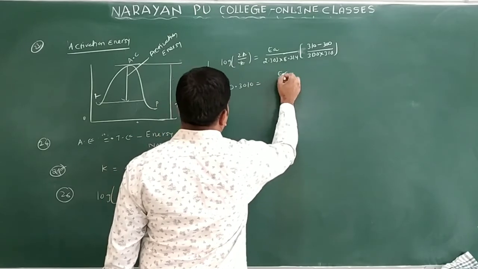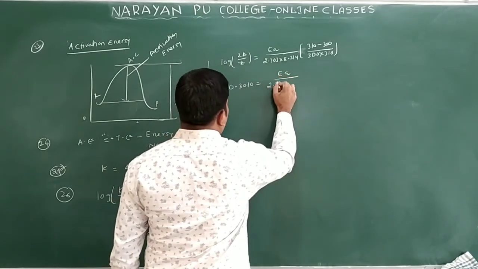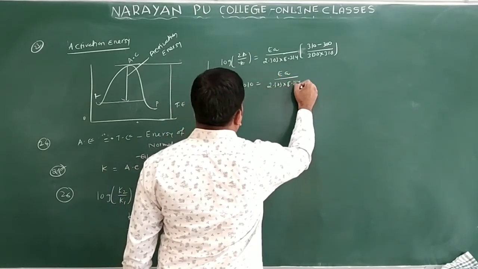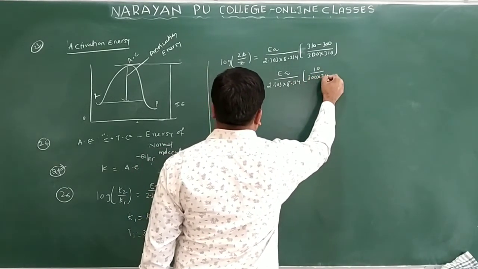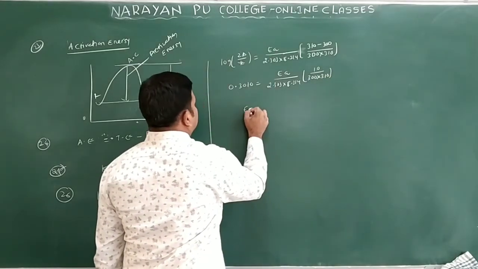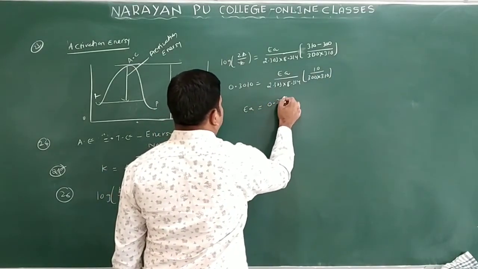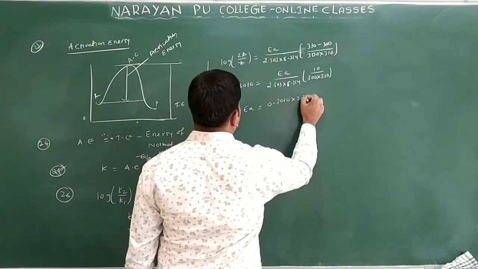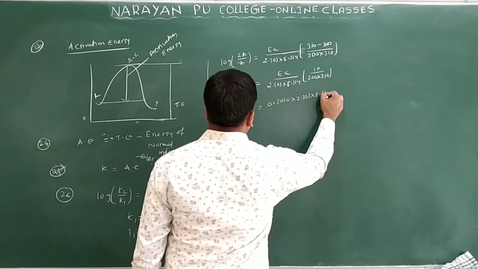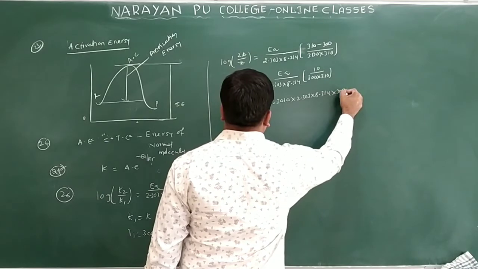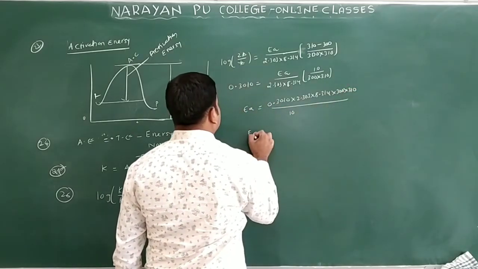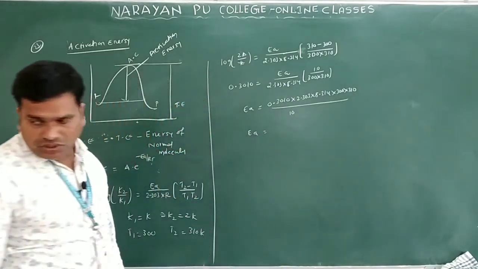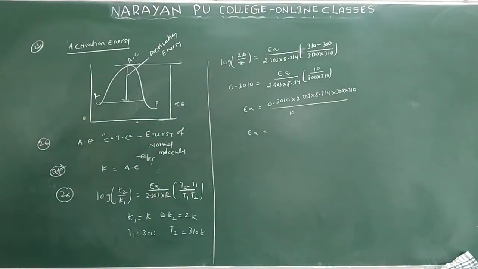That equals Ea by 2.303 into 8.314 into 10 by 300 into 310. So Ea is equal to 0.3010 into 2.303 into 8.314 into 300 into 310 by 10. If you solve this all together, you will get the answer 53598.5.